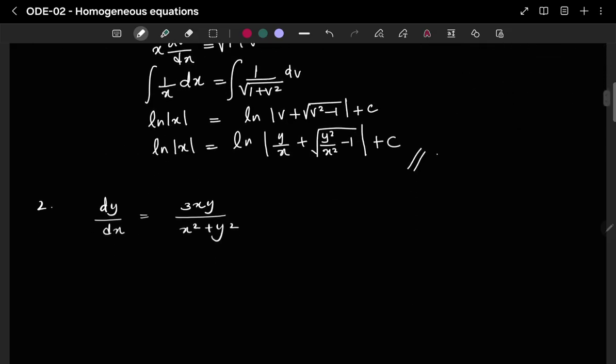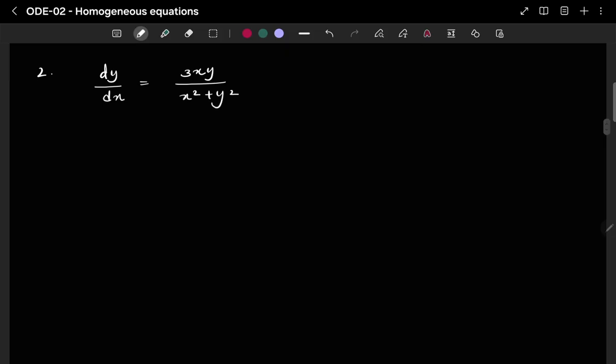Okay, then moving on to the second equation, we have dy by dx equals 3xy divided by x squared plus y squared. For this one also, we have dy by dx being subjected, and then we need to use the substitution y equals vx, dy by dx equals v plus x dv by dx.